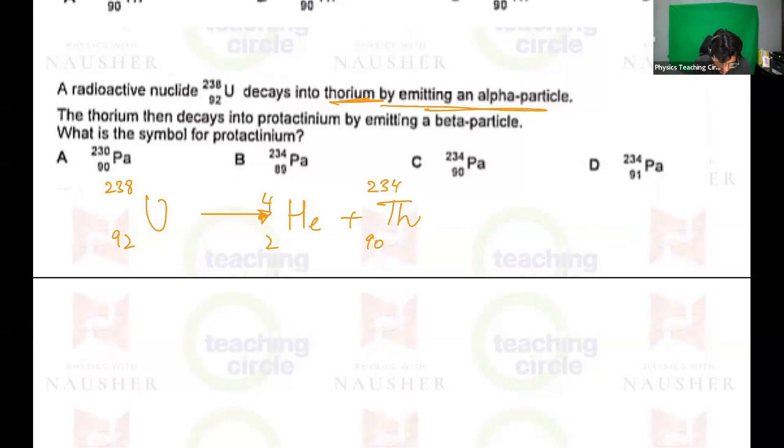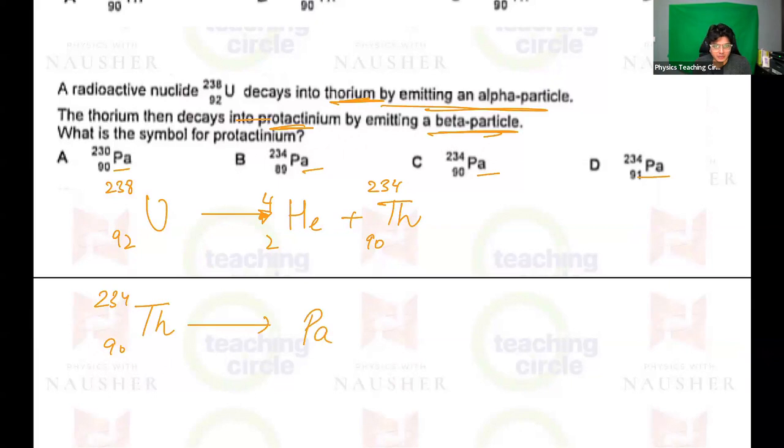Now the thorium decays into protactinium. So let's start with thorium, 234, 90, decays into protactinium, which is given as Pa, by emitting a beta particle. Now, a beta particle is 0, minus 1.